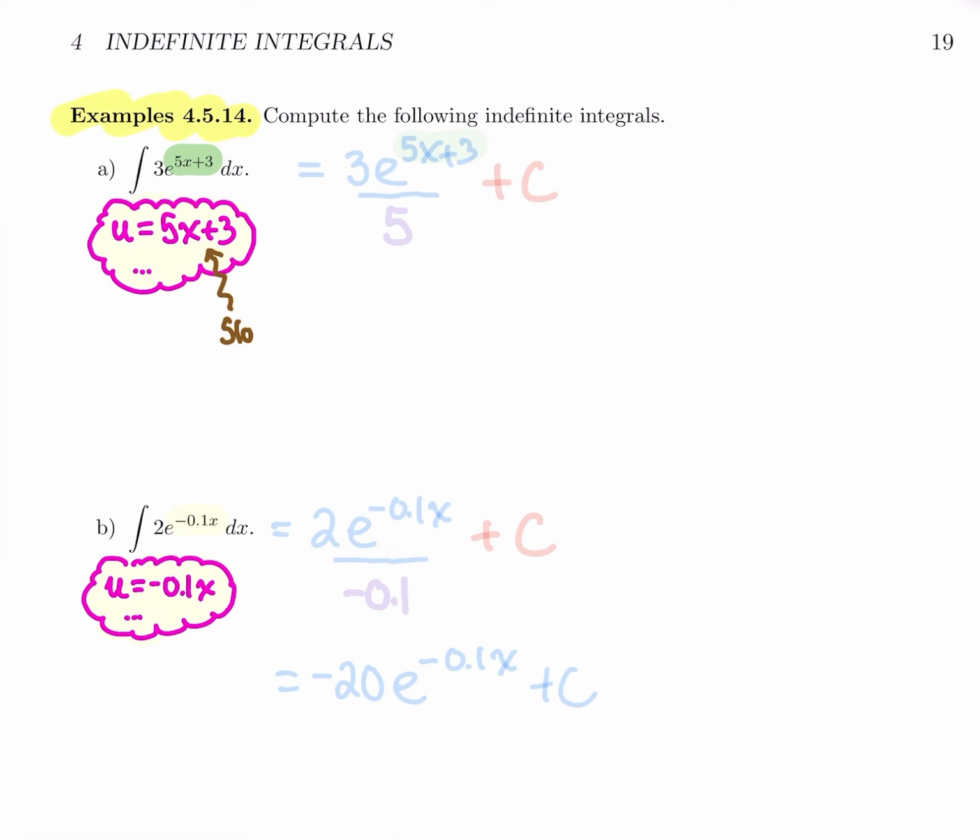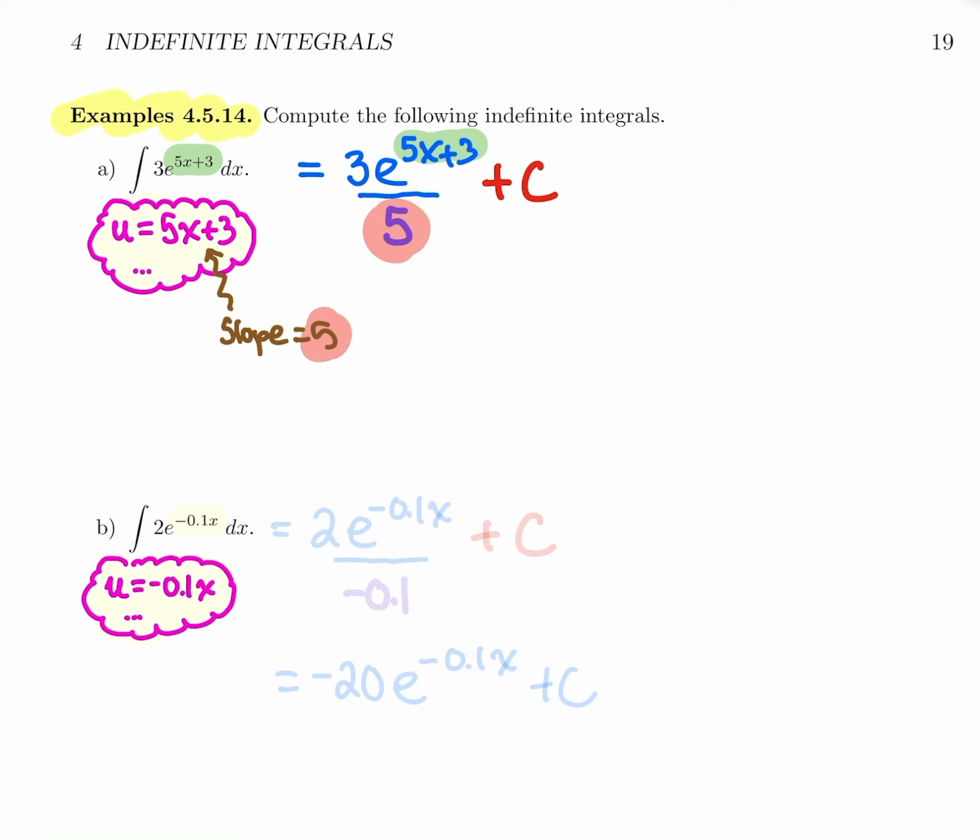So now I can finish this question: 3 stays 3, it's just a coefficient. Because e^x goes to e^x, e to the 5x plus 3 will go to e to the 5x plus 3. But then because I have a linear substitution, I just need to divide by the slope. That's all. Very short and sweet question.